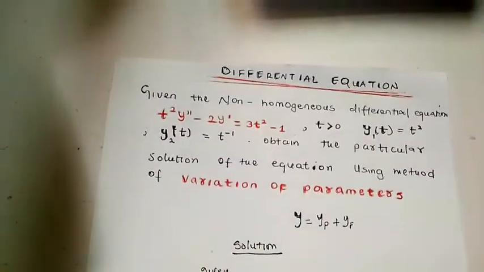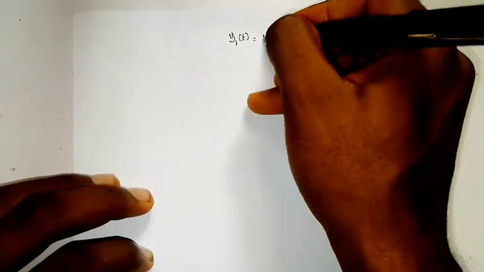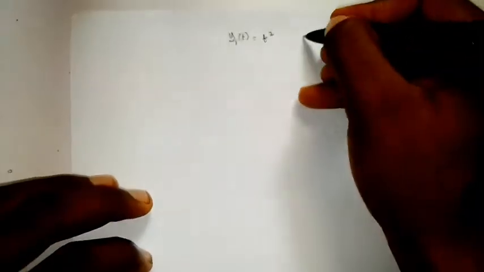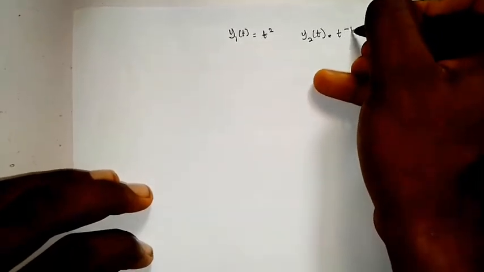So from the question, my y1, which is a function of t, was given to be t squared, and my y2, which is also a function of t, was given to be t raised to power minus 1.